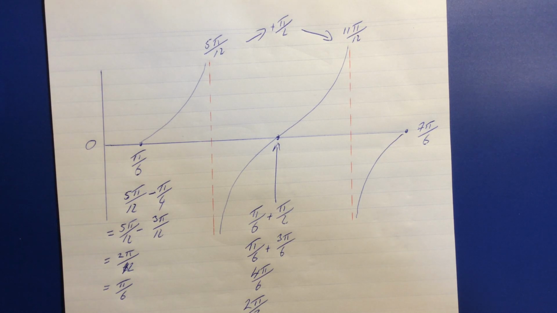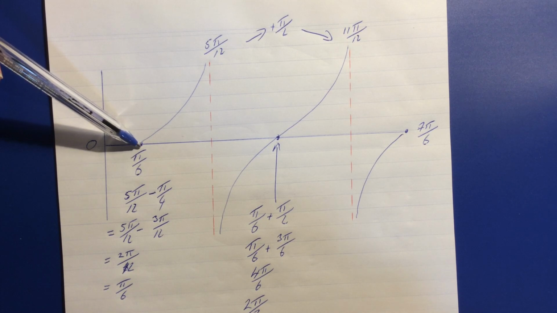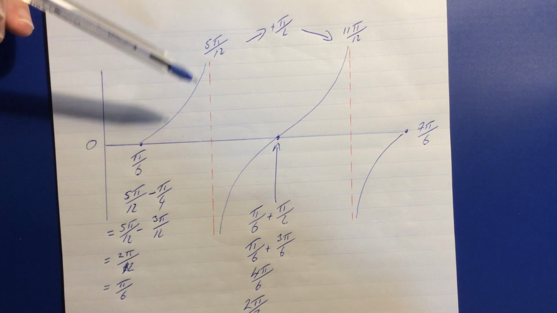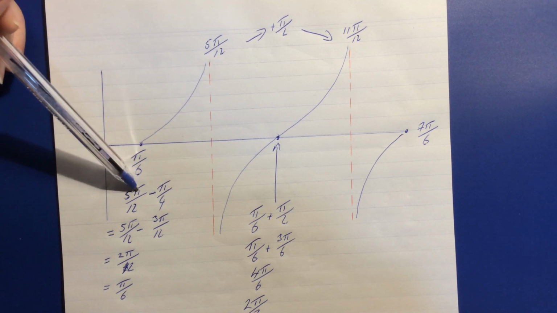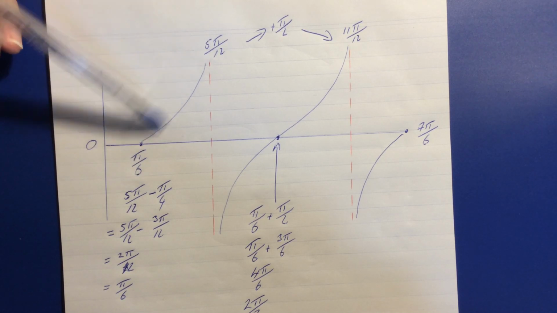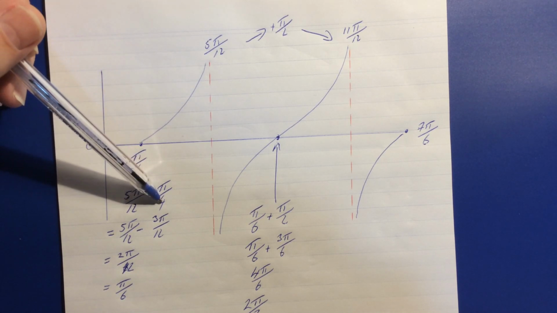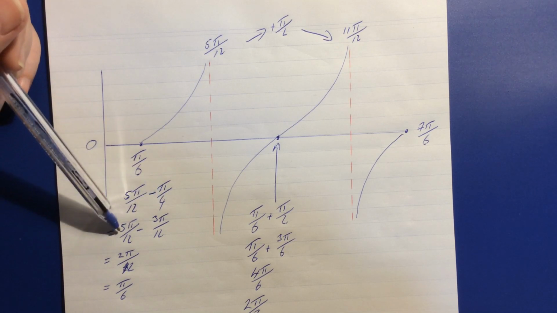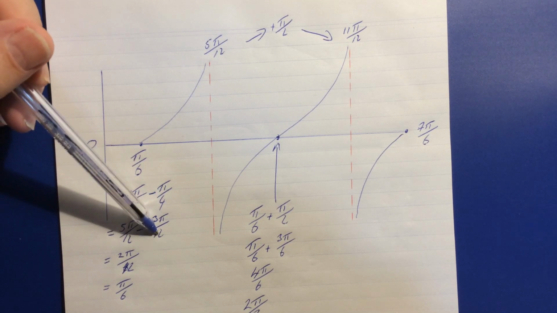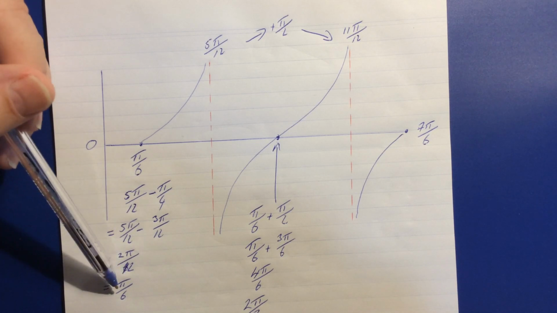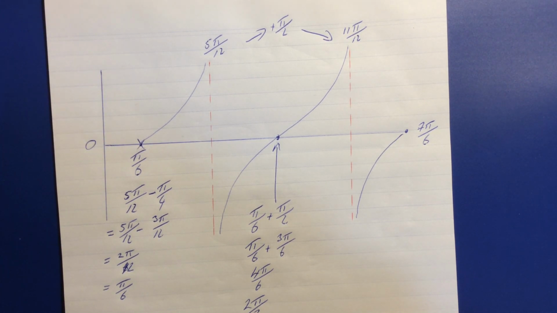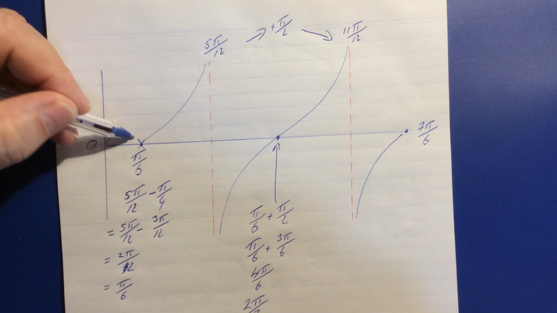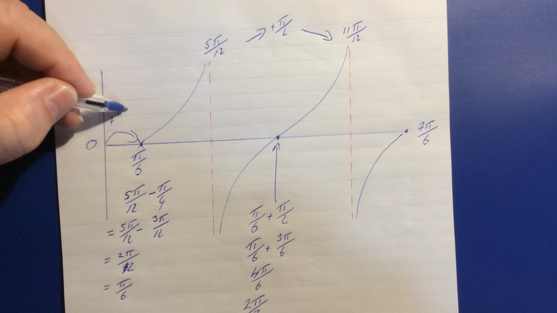It's actually the lower limit of the domain of x as well. Another way of thinking about this is starting from the asymptote, 5 pi on 12, and subtracting half of the period, which is pi on 4, which gives us 5 pi on 12 minus 3 pi on 12, which gives us 2 pi on 12, and pi on 6, our point here. That's one way of getting there. Of course, the easier way is to simply add pi on 6.